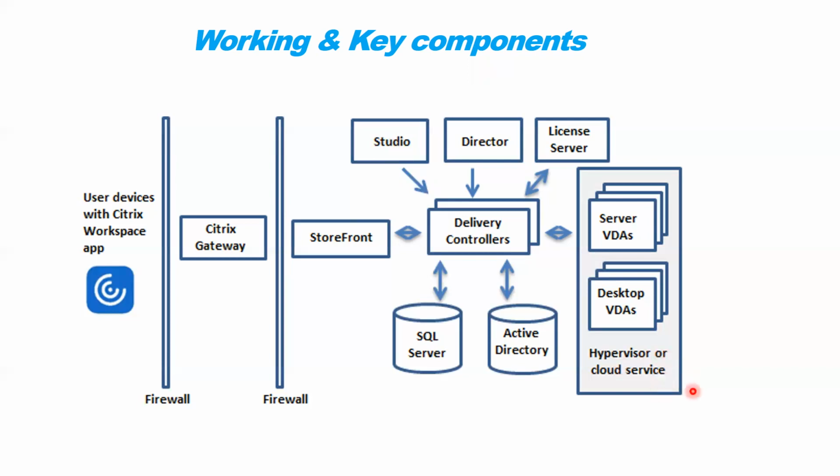We can use VMware ESXi server, we can use Hyper-V. Multiple hypervisors are available nowadays in the market. As we are learning Citrix only, that is the reason why we have considered the Citrix hypervisor here. So basically these five are the core components of Citrix.